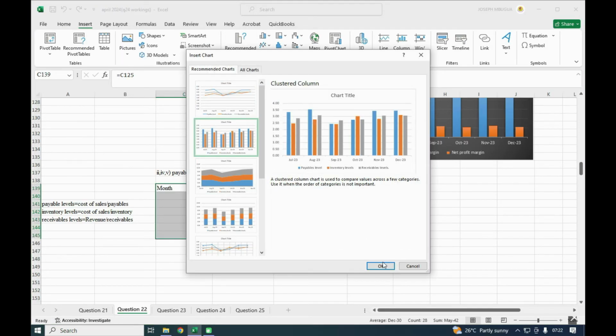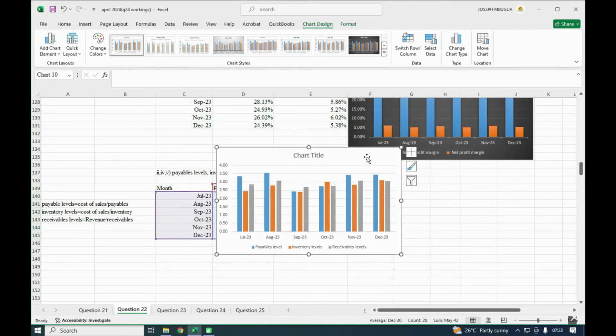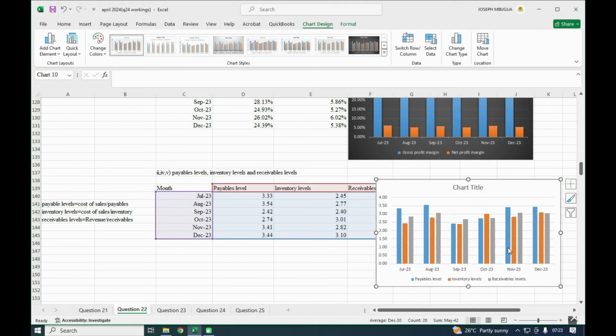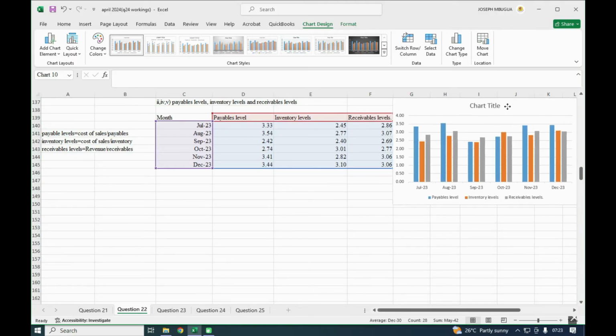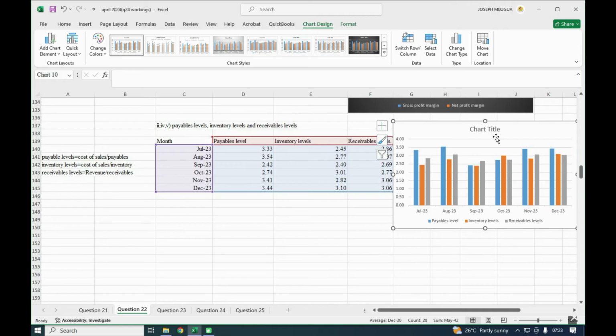So you can have these show the comparison of the 3 levels using a chart, that way.